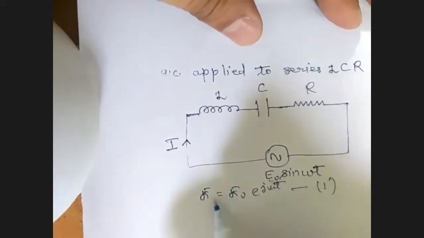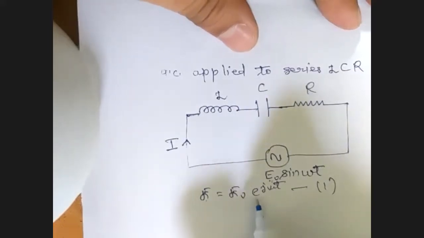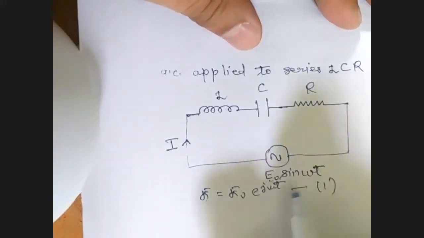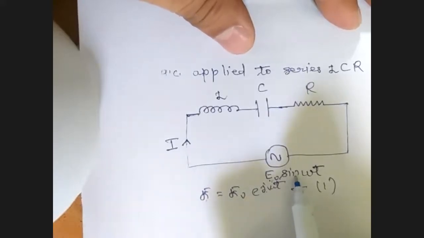Right? So E is complex, and this complex is having two terms. One is real term in terms of cos omega t, and other is imaginary term having sine omega t. So imaginary part of this equation is actually our AC signal that we have applied in the circuit.